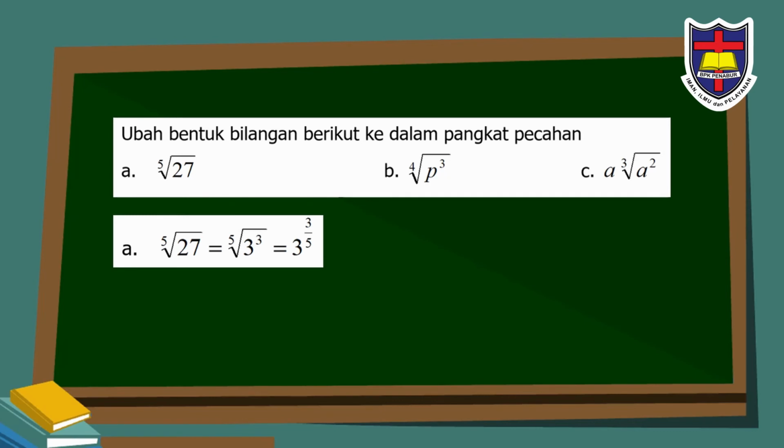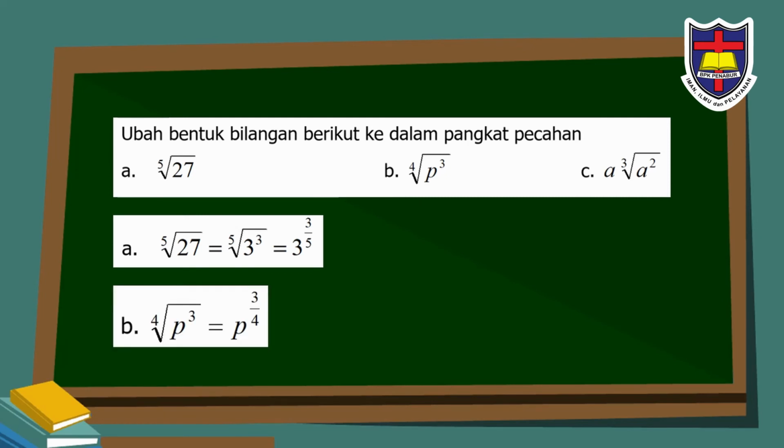Now for b, we've got fourth root of p to the power of 3. So it will be the same as p to the power of 3 over 4. Remember, the power of the radicand will be divided by the index.